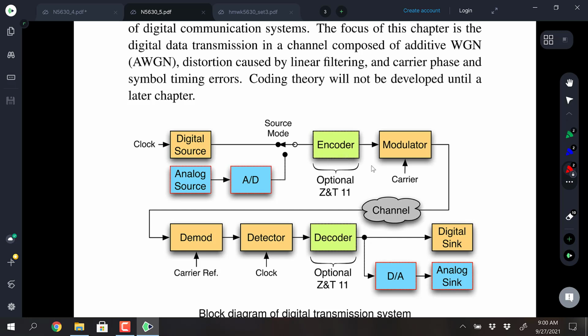Linear filtering, carrier phase, and simple timing errors are some of the main things that we'll start by developing once we get into the modulation. We'll be able to model the impact of carrier phase noise as well. I think that's in one of the homework problems, where you're going to be doing some modeling with the phase noise configuration.